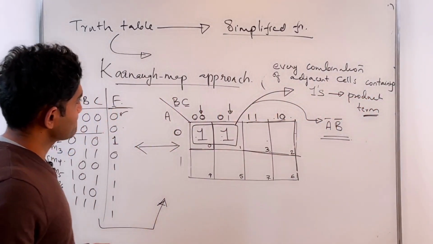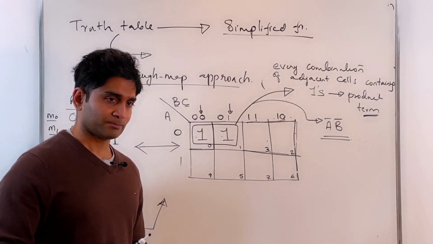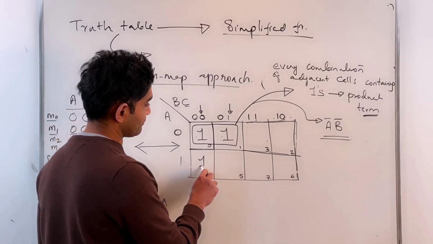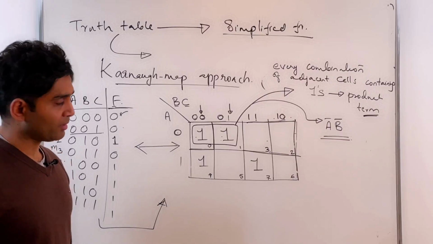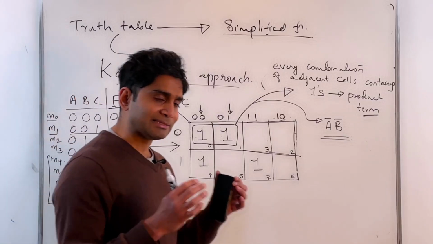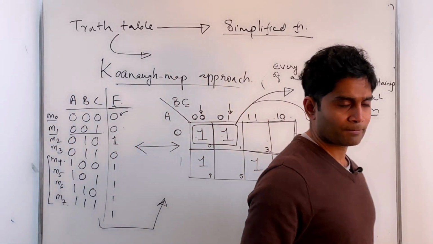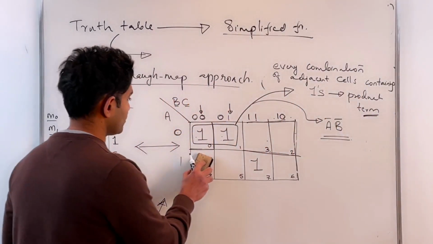Again, I can do that only for adjacent cells. Let's say I have two cells here. These two cells are not adjacent, right? So I cannot combine them into a single combination. I can only combine adjacent cells.